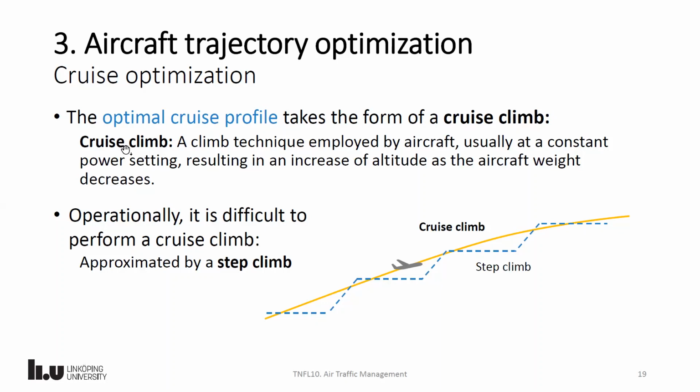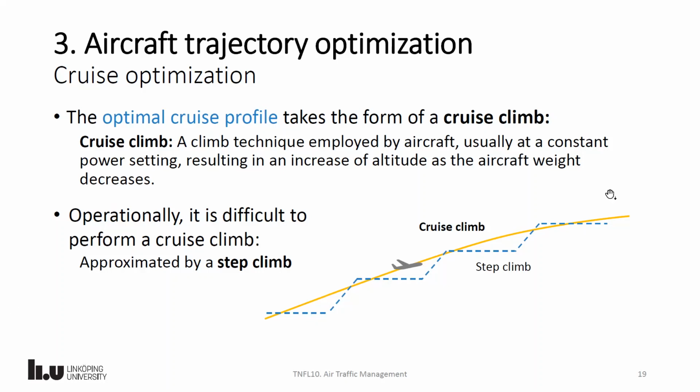A cruise climb is a climb technique employed by an aircraft, usually at a constant power setting, resulting in an increase of altitude as the aircraft weight decreases. So if you take those flight mechanics equations and you optimize the direct operating cost, you obtain that the optimal trajectory for the aircraft to fly is a cruise climb.